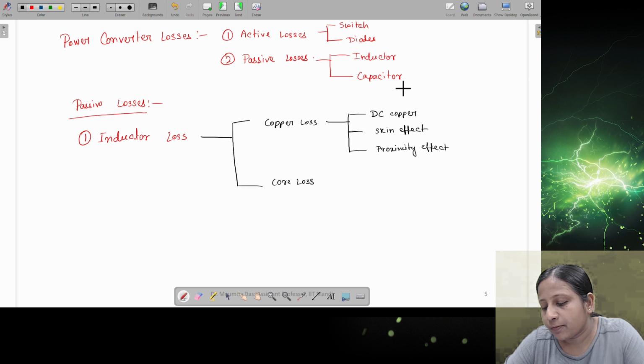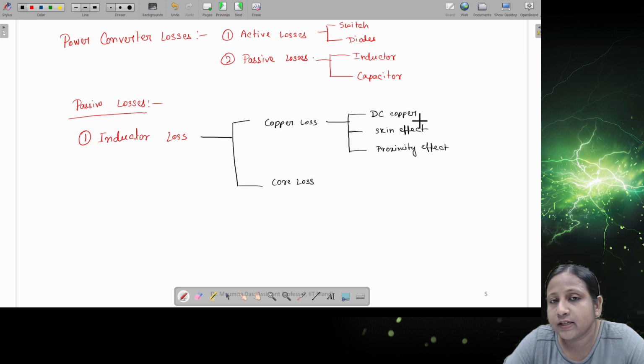DC copper loss is what we generally consider under copper loss, but skin effect and proximity effect we also need to consider when designing any converter, because PCB design is one of the most important parts.